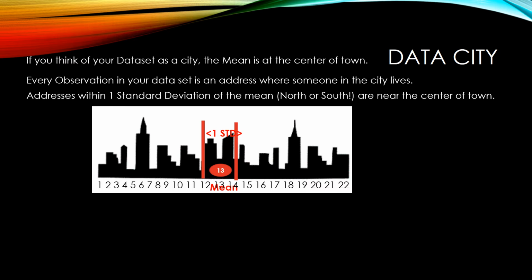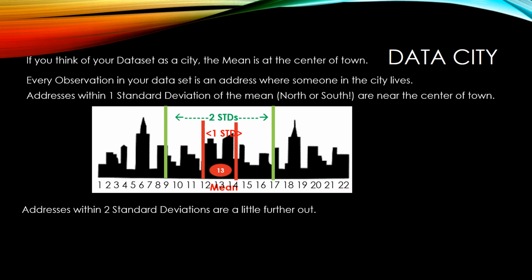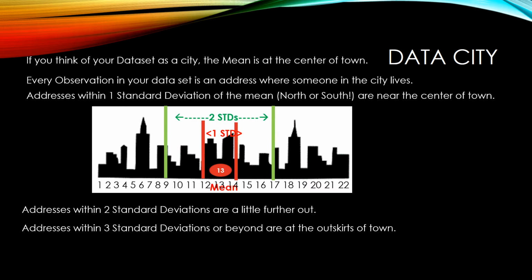I kind of said north or south, but whether it's positive or negative, if it's within one standard deviation, then it's close to the center of town. And the addresses that are within 2 standard deviations are a little bit further out, but they're still kind of in the center of town. And addresses that are at that 3rd standard deviation or beyond, that's kind of the outskirts of town.